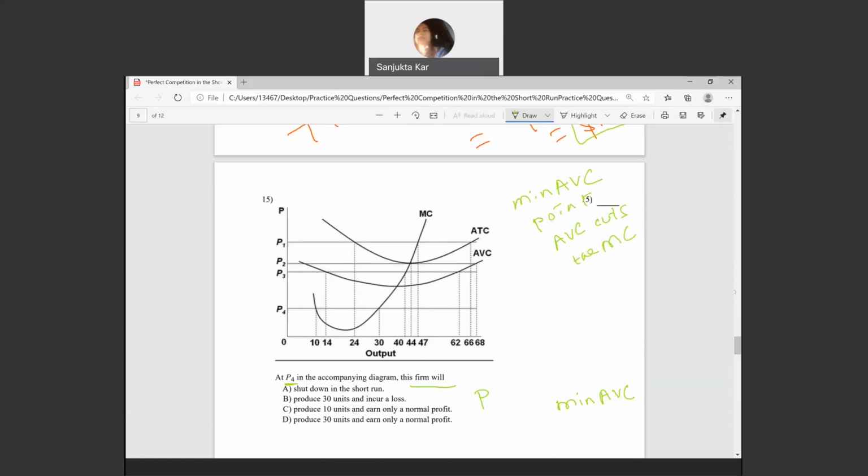That was the same thing when we were looking at the minimum average total cost. So this is the minimum average variable cost. Because price 4 is less than minimum average variable cost, the farm will shut down in the short run.